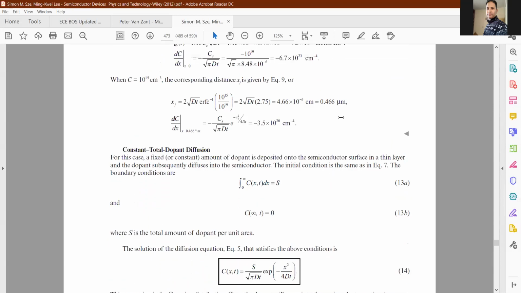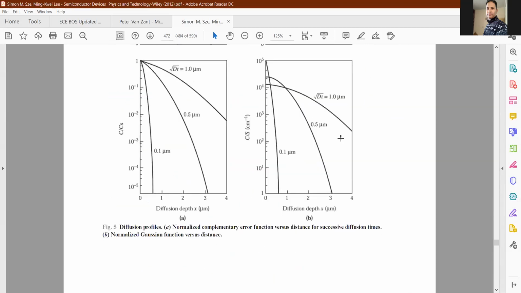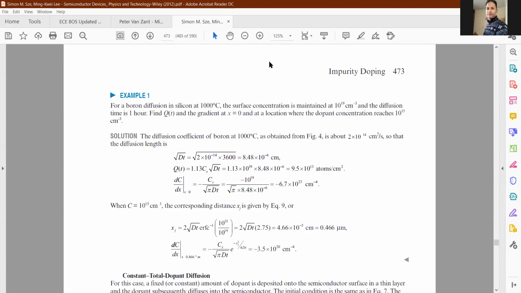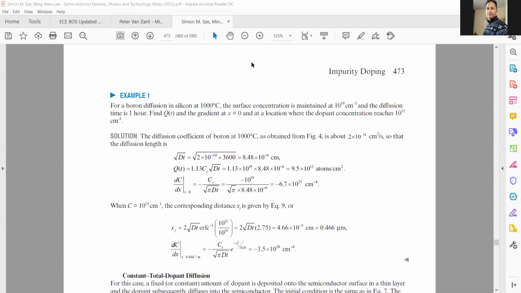I'm looking for some empty space here. No issue, I will just open the whiteboard. So the second category of diffusion is constant dopant diffusion.